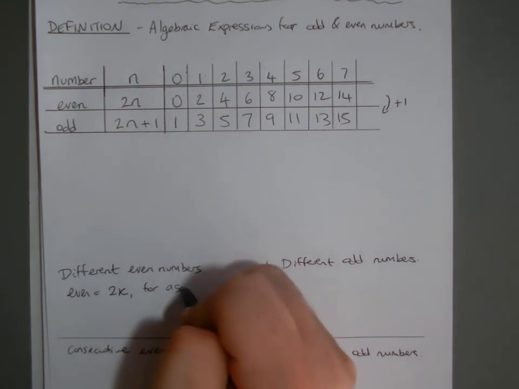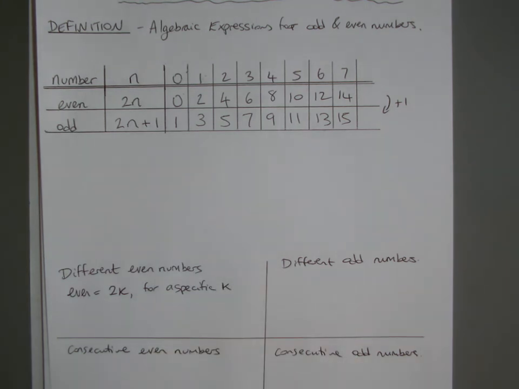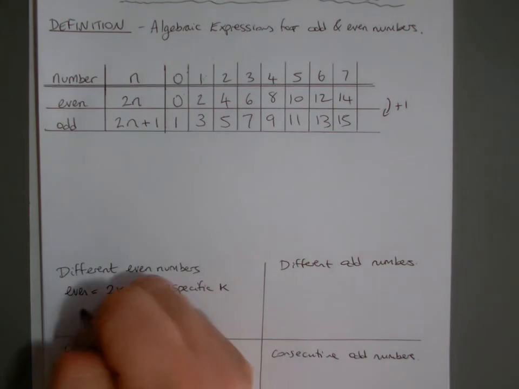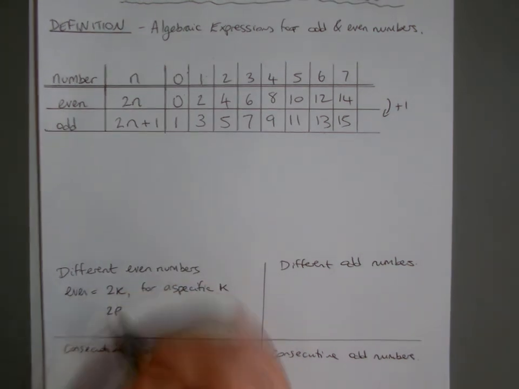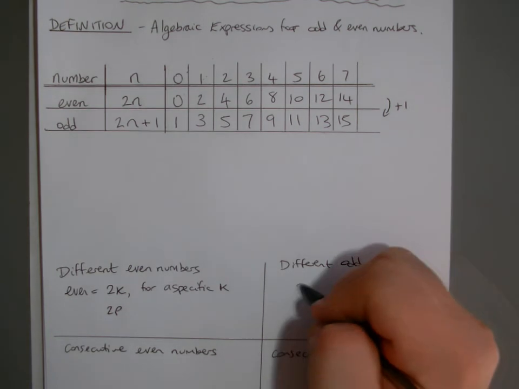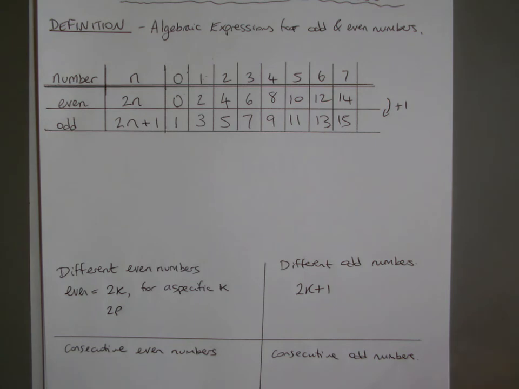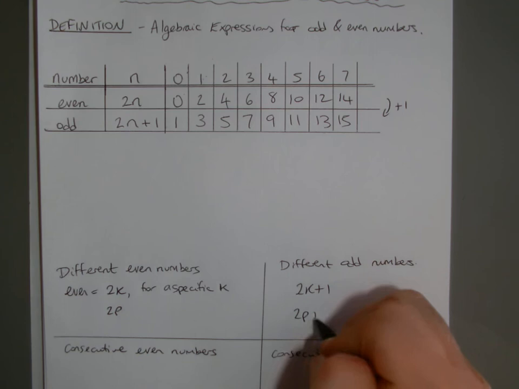If we wanted a different even value, we'd use a different letter, so we could say 2p. The same thing for the odd numbers: 2k plus 1, for instance, would represent an odd number for a specific k. But if I wanted a different odd number further down the line, I'd use a different letter, 2p plus 1.